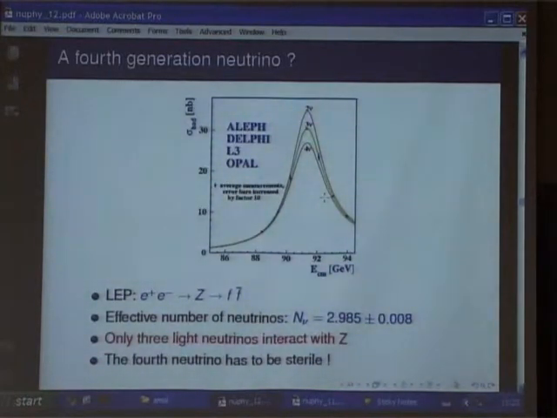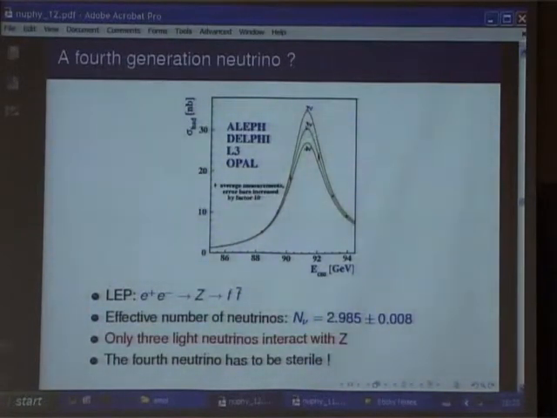So this is perfectly well established standard electroweak theory. Now look at the data points. You will see that the data points lie almost exactly on this 3 neutrino curve. Note that the error bars have been multiplied by a factor of 10, so the error bars actually are 10 times smaller.